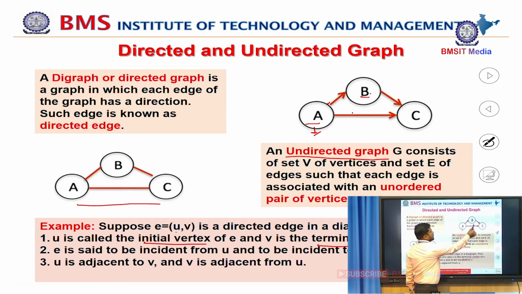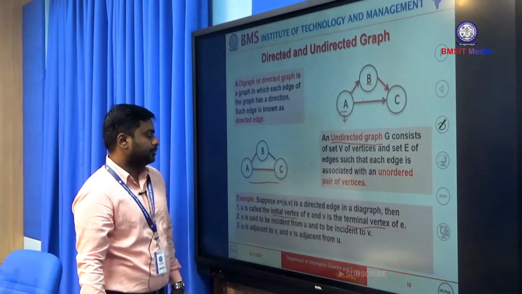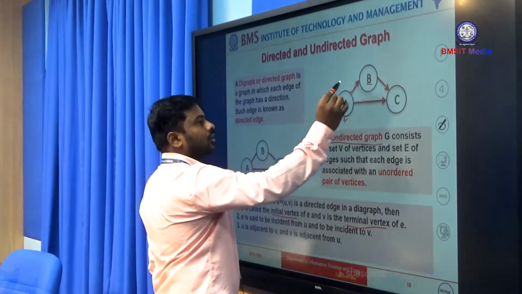Again, we can consider this edge: here B is the source vertex and C is the terminating vertex.